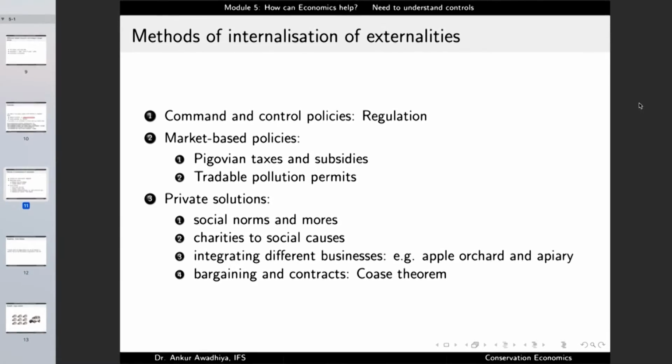Another example is a tradable pollution permit. In the case of tradable pollution permits, the government might say that every industry can release only 100 units of noxious fumes or pollutants. And if any industry releases more than 100 units, then the industry will be completely shut down.